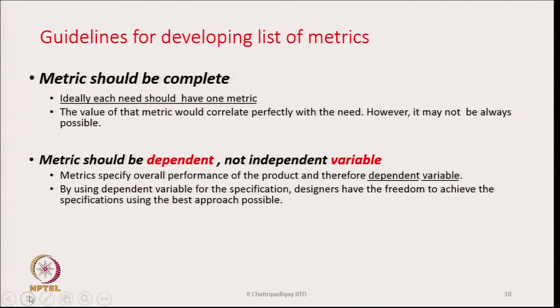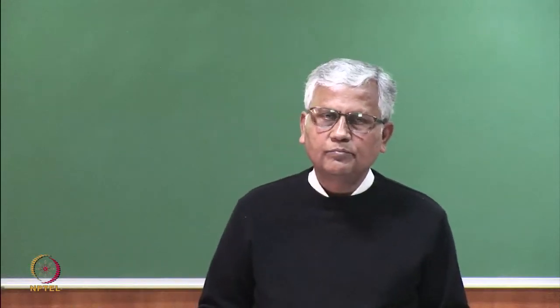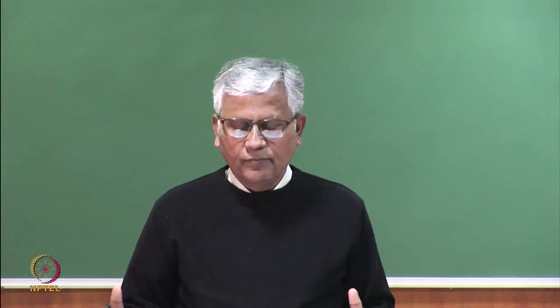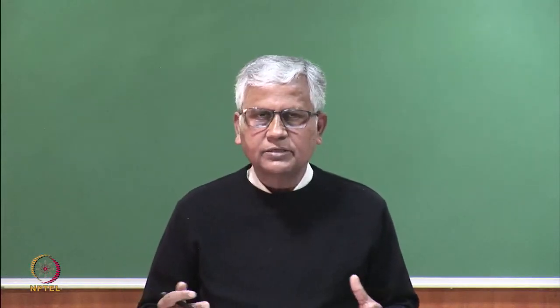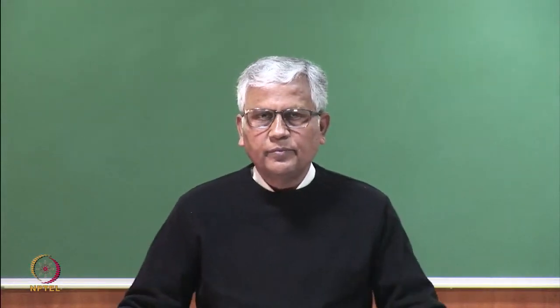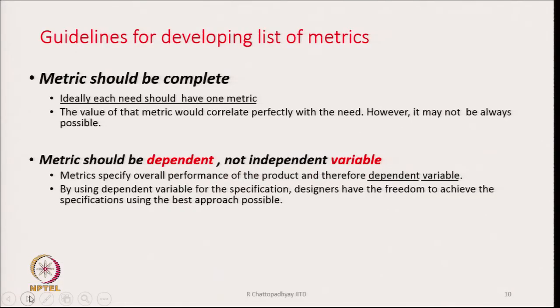Metric should be a dependent and not independent variable. Metric specifies overall performance of the product, and therefore, it is a dependent variable, because it depends upon other properties or constructional parameters of a fabric or of a garment.